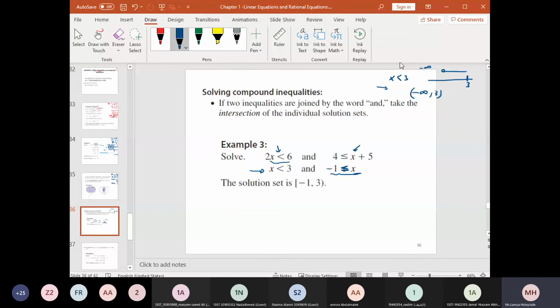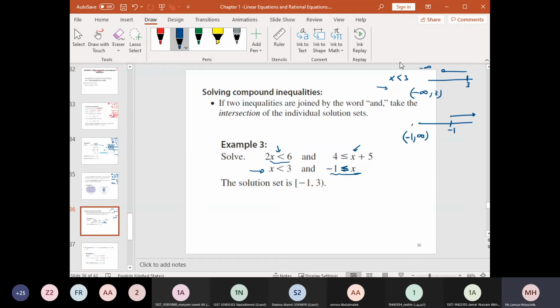If we draw the line, this is the minus 1. So your x is greater than or equal to minus 1, from here to there. So your interval is from minus 1 up to infinity.